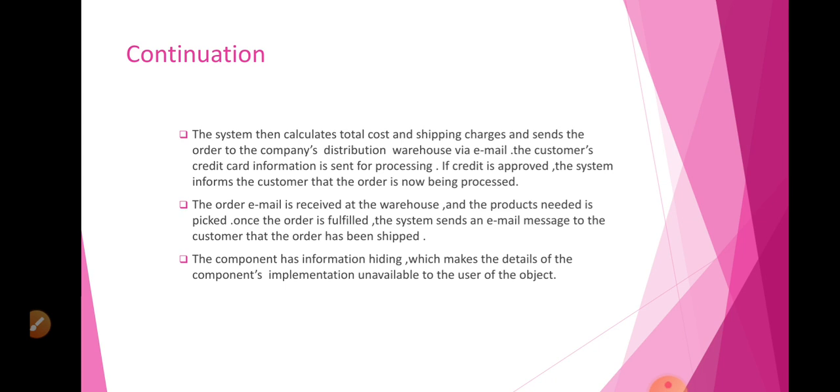But in our example, we show a credit card payment. If credit is approved, the system informs the customer that the order is now being processed. The order email is received at the warehouse and the product needed is picked. Once the order is fulfilled, the system sends an email message to the customer that the order has been shipped.